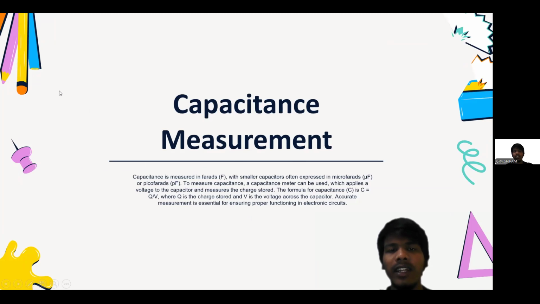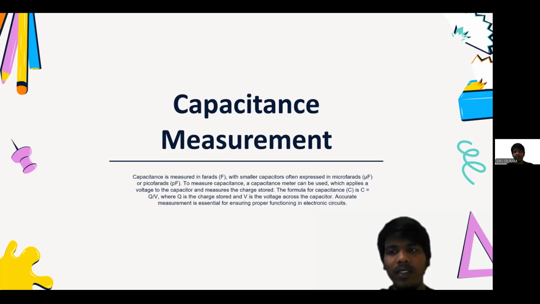And next one, the capacitance measurement. Capacitance is measured in farads, F, with smaller capacitors often expressed in microfarads, μF, or picofarads, pF. To measure capacitance, a capacitance meter can be used, which applies a voltage to the capacitor and measures the charge stored.